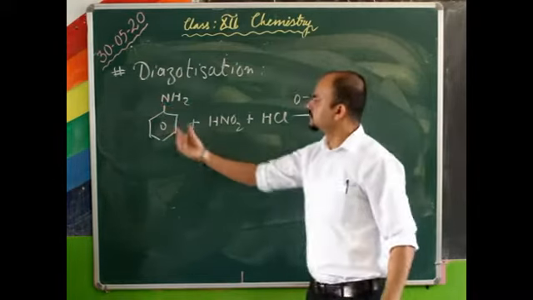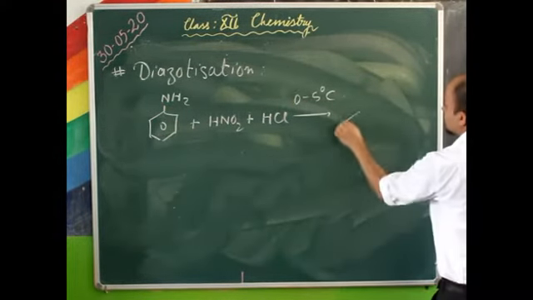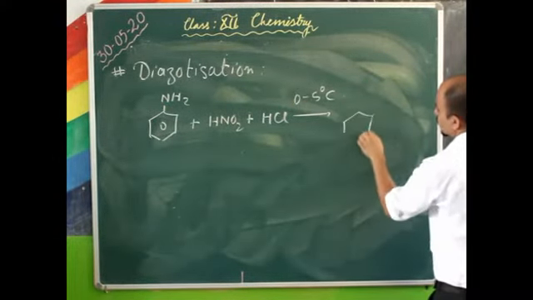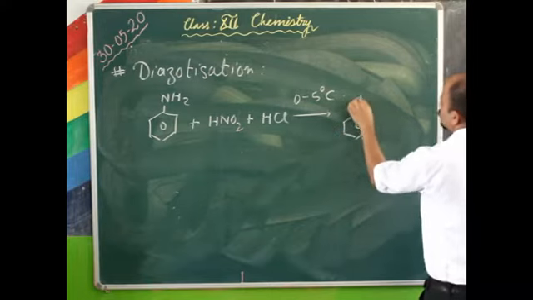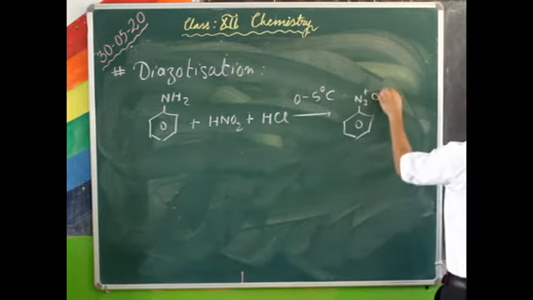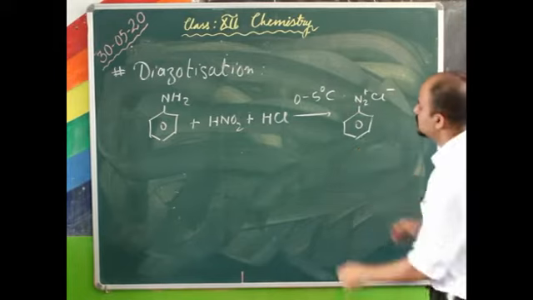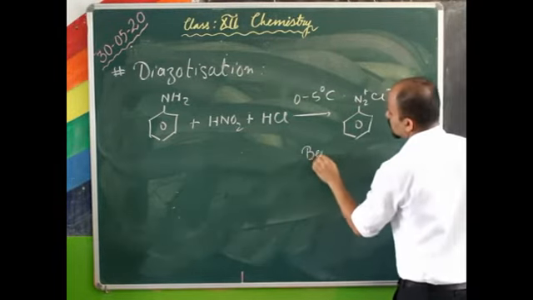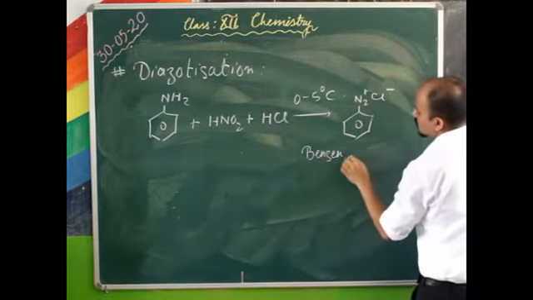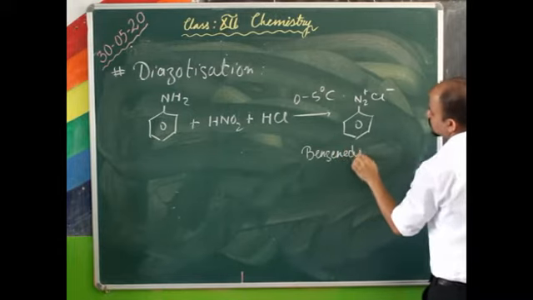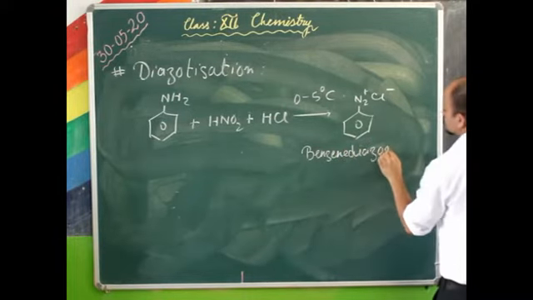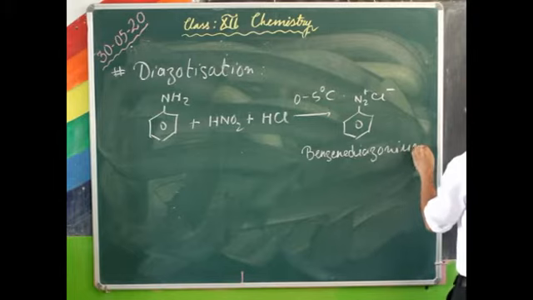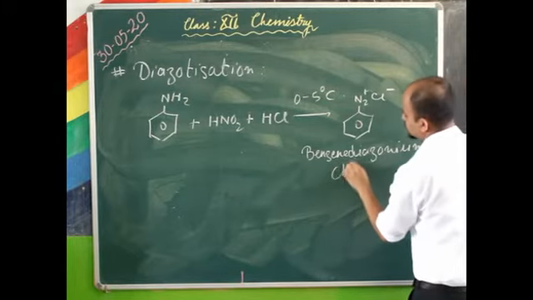This will be converted to benzene diazonium chloride, that is C6H5N2+ Cl-.